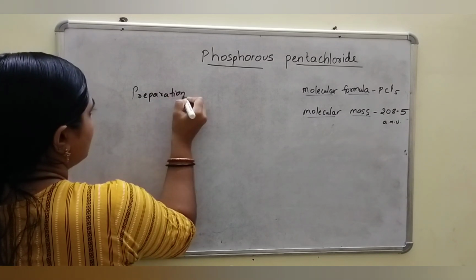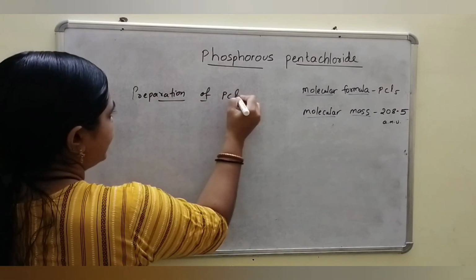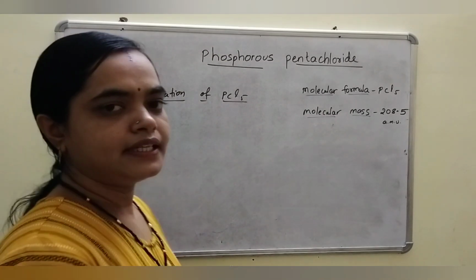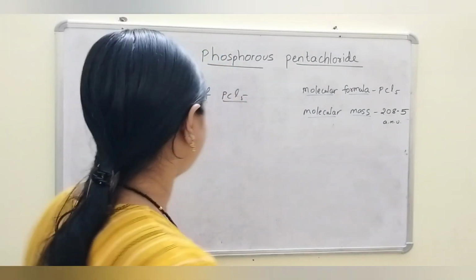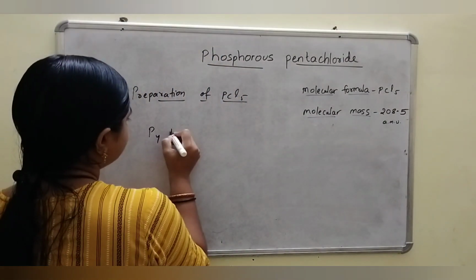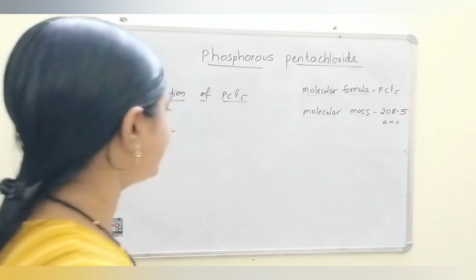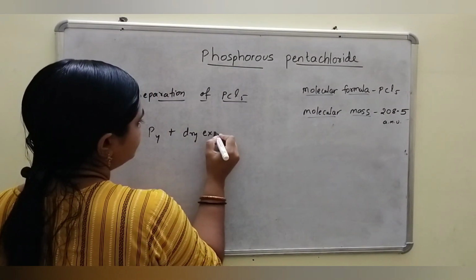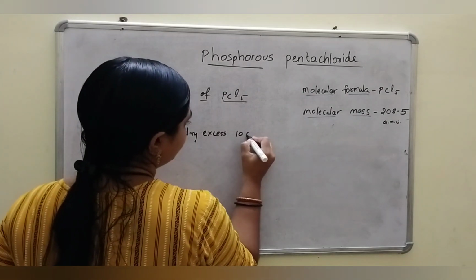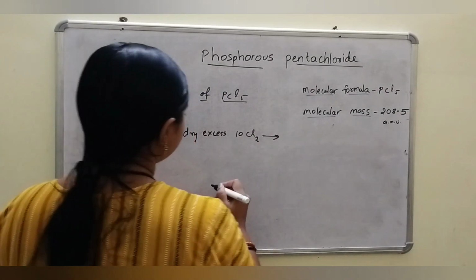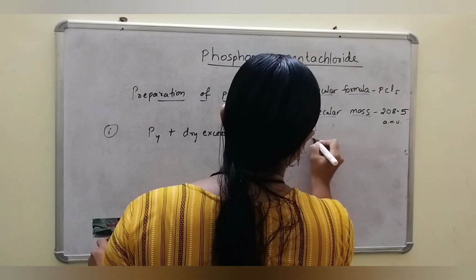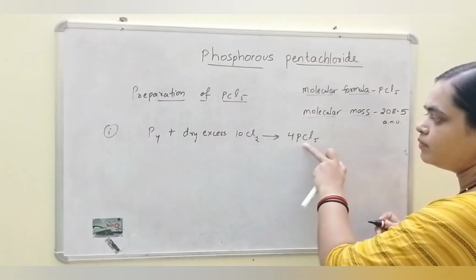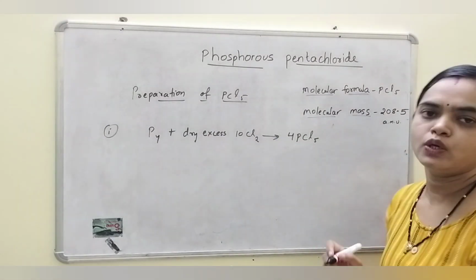See, the first preparation is when the white phosphorus is treated with excess of dry chlorine to form phosphorus pentachloride. When phosphorus is treated with dry excess of chlorine, they form 4 molecules of phosphorus pentachloride.